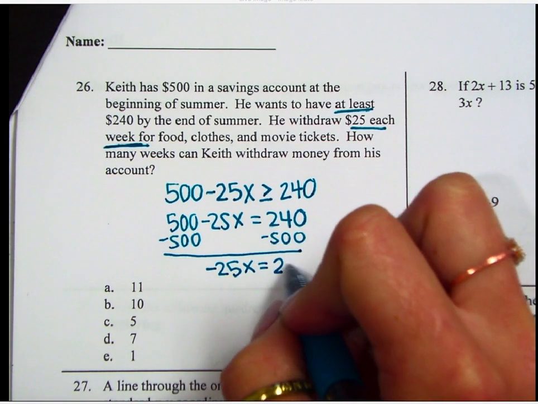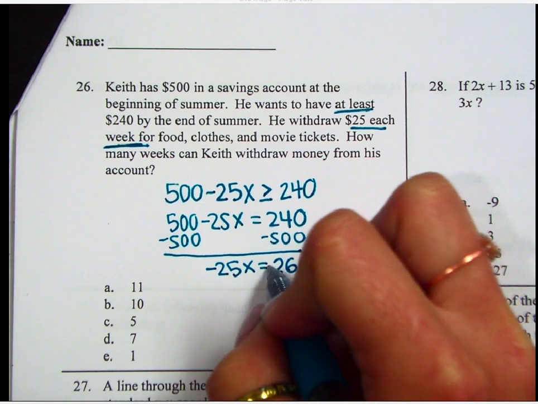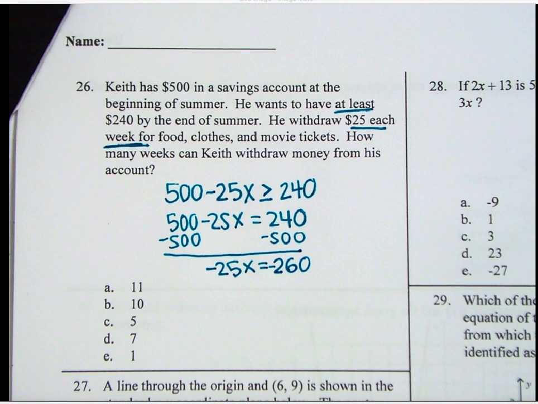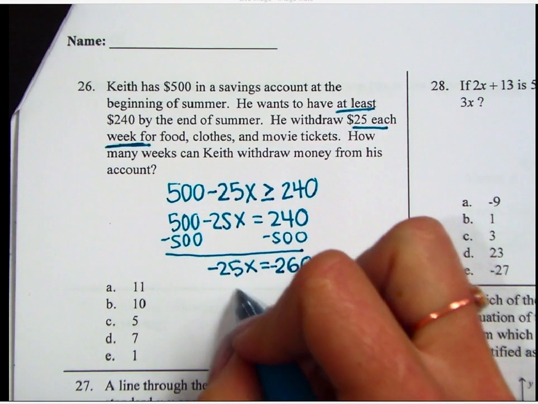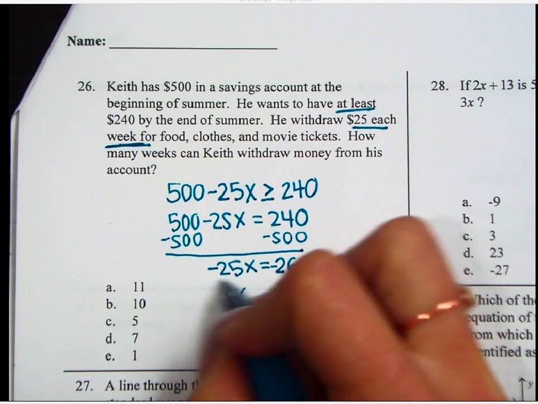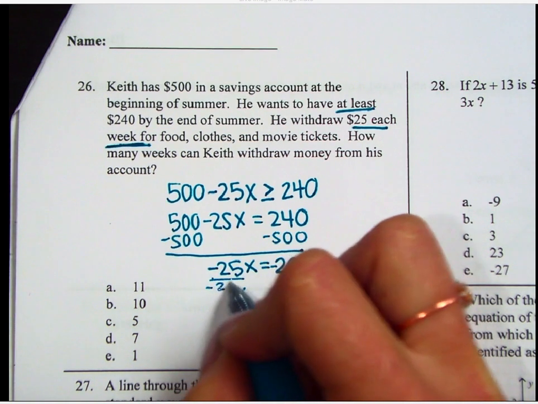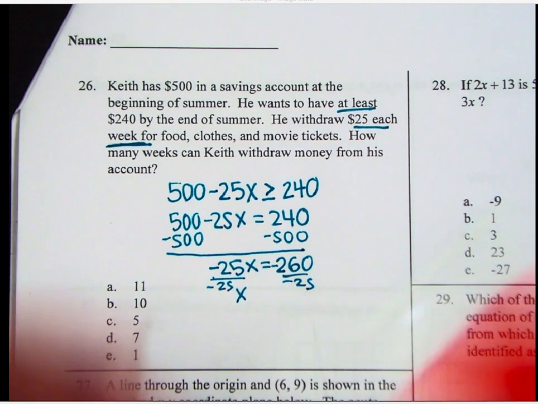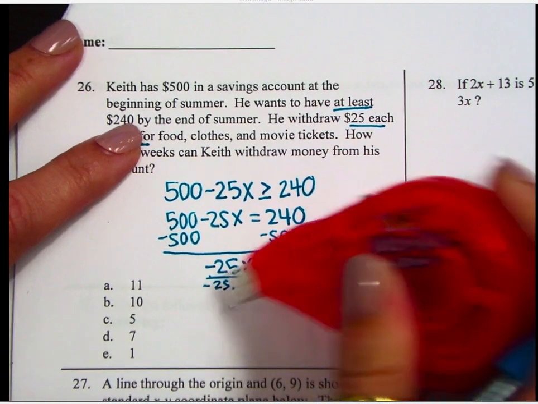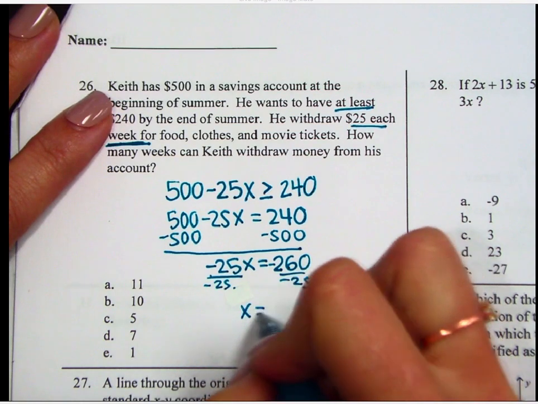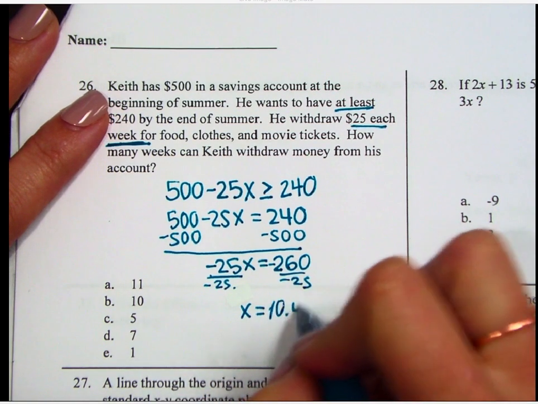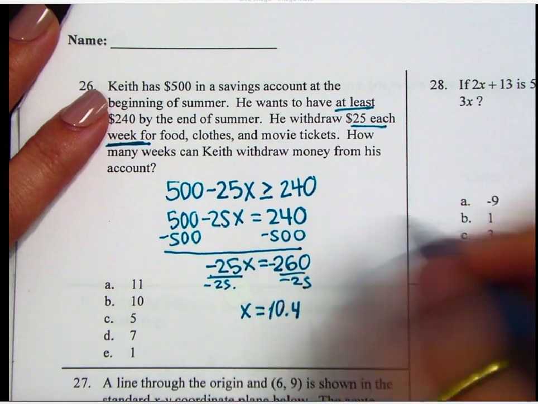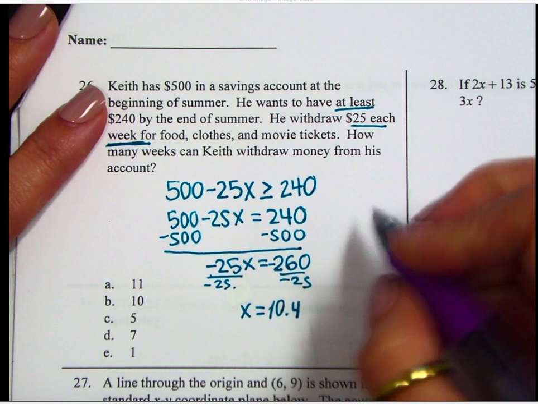That's -260. So then we would divide 260 by 25 to get 10.4. If I divide both sides by -25, then x equals 10.4. Maybe I'll show the work for that.